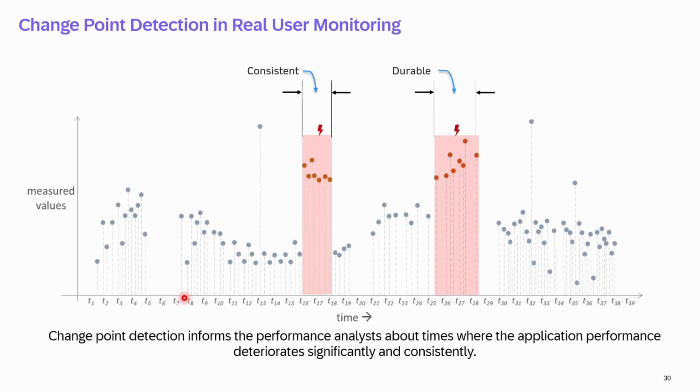Back to our distribution of response times, we need some executions to decide that this change point is consistent, and later some time to say that this change point is still available or durable. The effect is that even when a change point is detected, we cannot immediately send out an alert or notification, but we have a small delay, depending on how often such a request is executed.